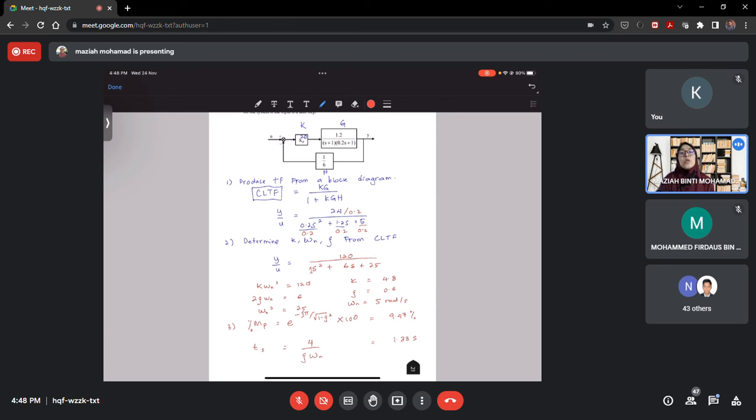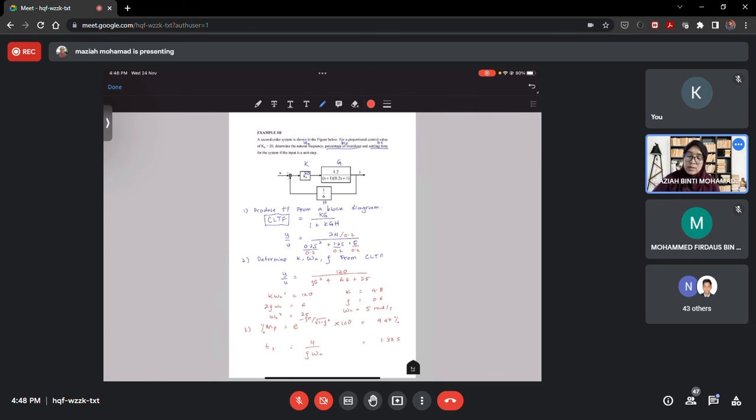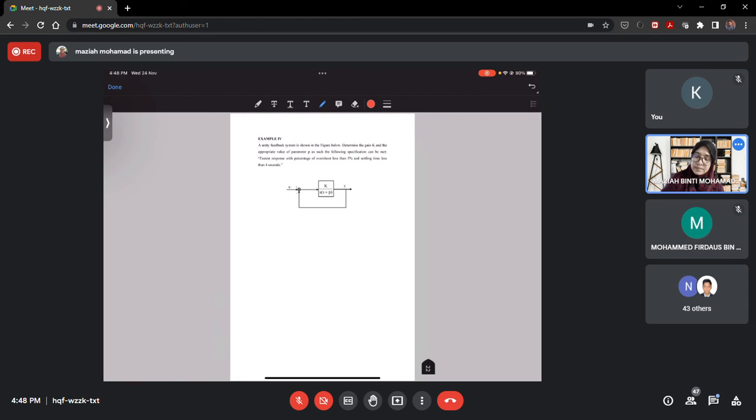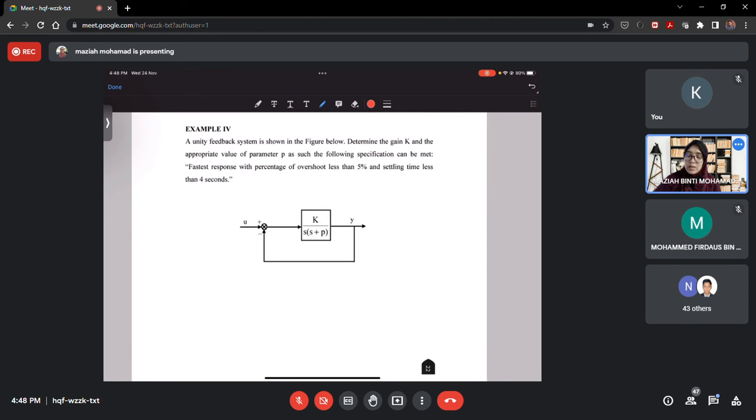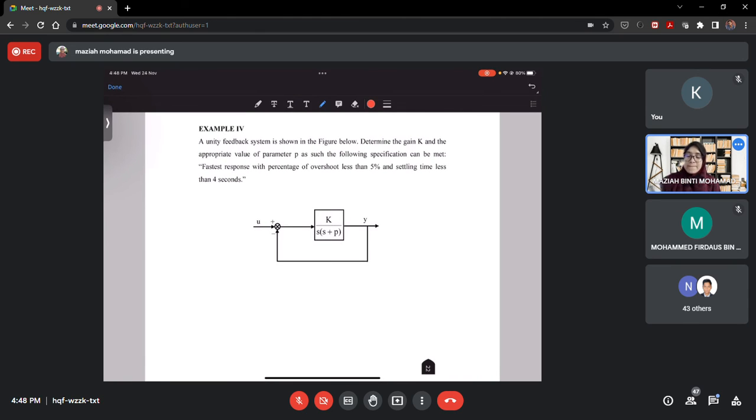And then the last one is just to calculate the parameters. So here you need to remember the equation lah. Okay, last one here. Example number 4. So the flow is reverse.